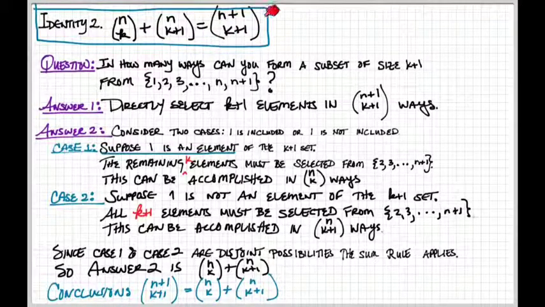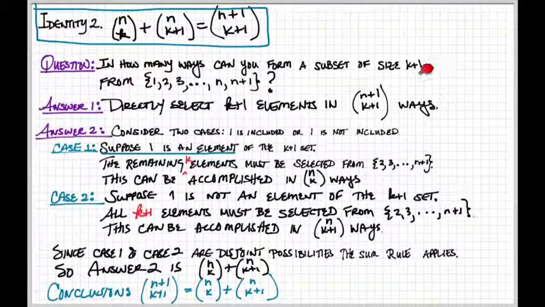I hope you agree with me that this is the simple side of the identity here, and a question that we could ask is, how many ways can you form a subset of size k plus 1 from the set of elements 1, 2, 3 up to n plus 1? The direct answer is the binomial coefficient n plus 1 choose k plus 1, because we have n plus 1 objects and we're selecting k plus 1 objects for the set.